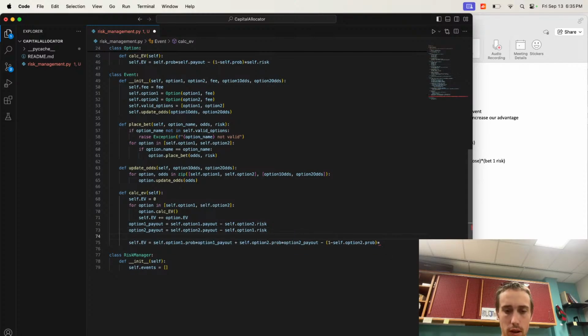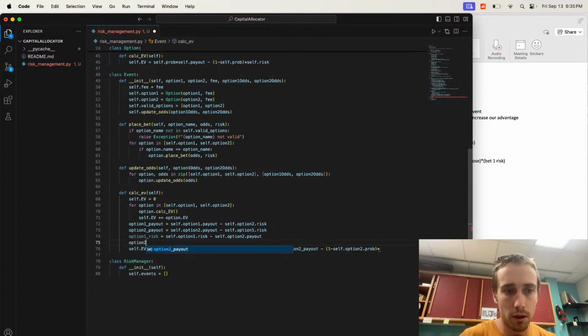Okay, so then we could say option 1 risk is equal to self dot option 1 risk minus self dot option 2 dot payout. Right, because whatever we're risking on option 1 isn't really a risk because we also win the payout for option 2.